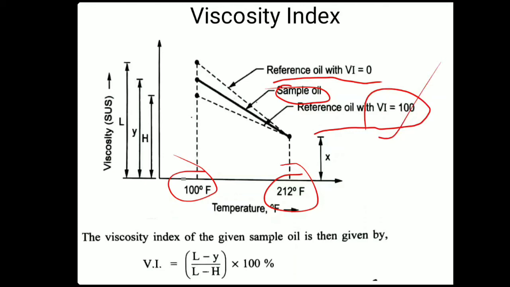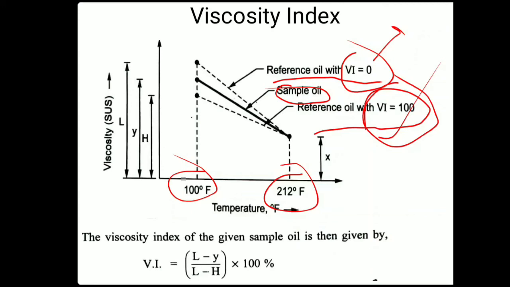Remember, I will repeat, when viscosity index is 100, it has very small change in viscosity with respect to temperature. And when viscosity index is 0, it changes viscosity maximum with respect to temperature. Whatever lubricant we use generally lies between VI equal to 0 and VI equal to 100. This is called the sample oil.